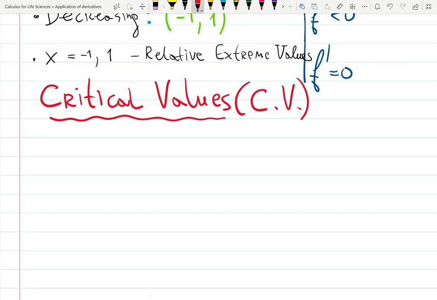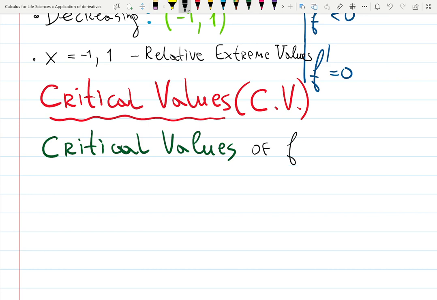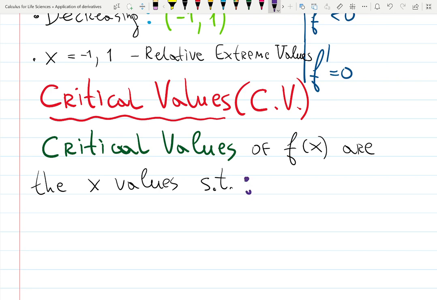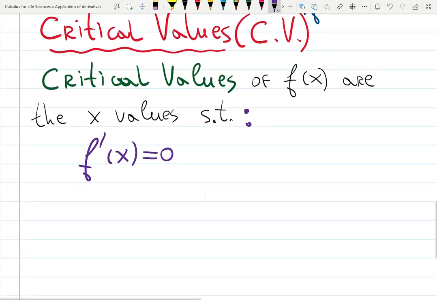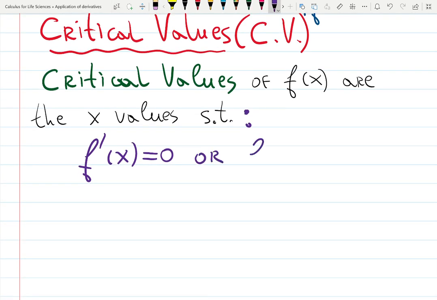Critical values, let's call them the definition. Critical values of the function f of x are the x values such that one of two things holds: the derivative is 0, or the derivative does not exist.